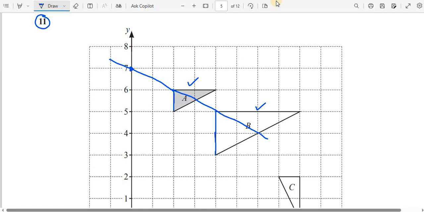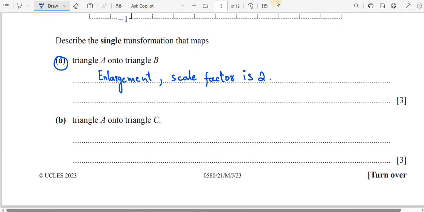The center point is 7 on the y-axis and x is 0. So the center is x is 0 and y is 7.